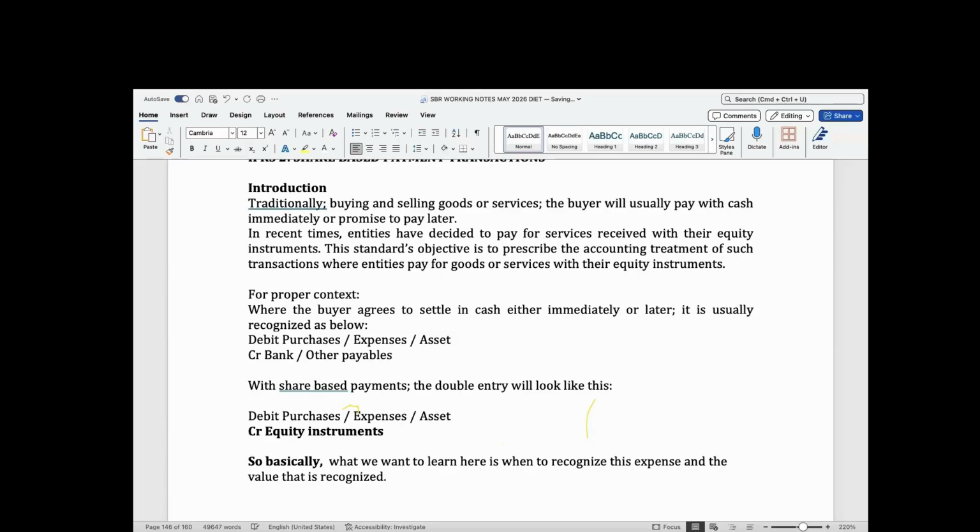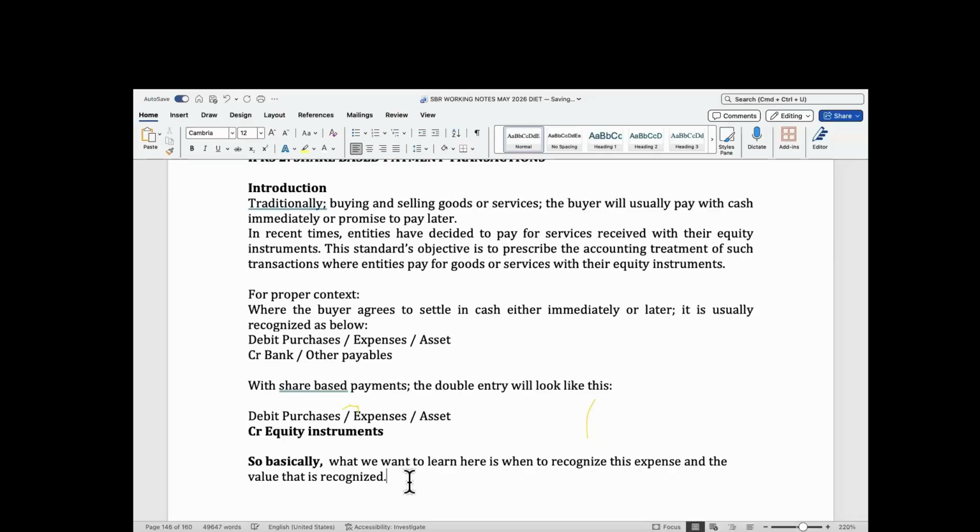Yes, sir. I understand the debit part in this share-based payment, but when you are crediting equity instruments, is it not like increasing it, since equity is usually a credit balance also, instead of reducing? Yes, it is increasing it.